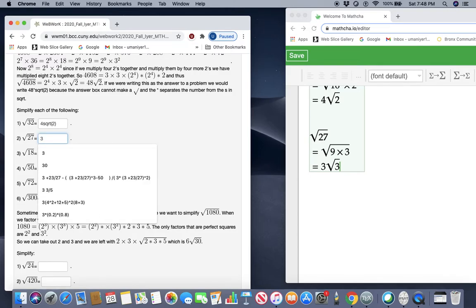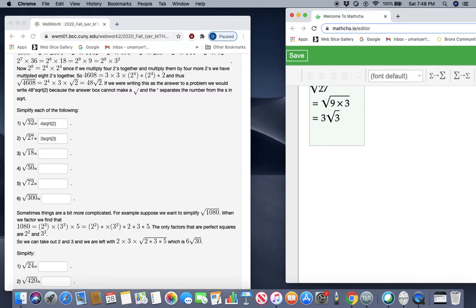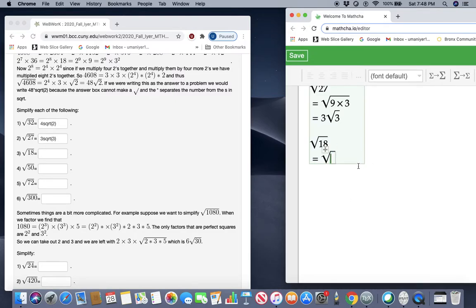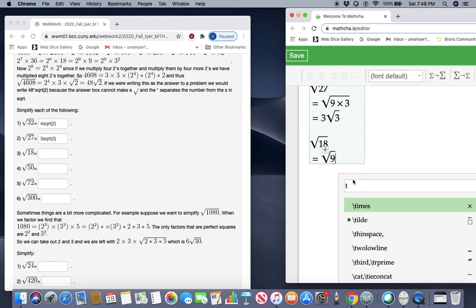So that's 3 SQRT 3. Next, square root 18. What is that? Square root 18 is nothing but 9 times 2.